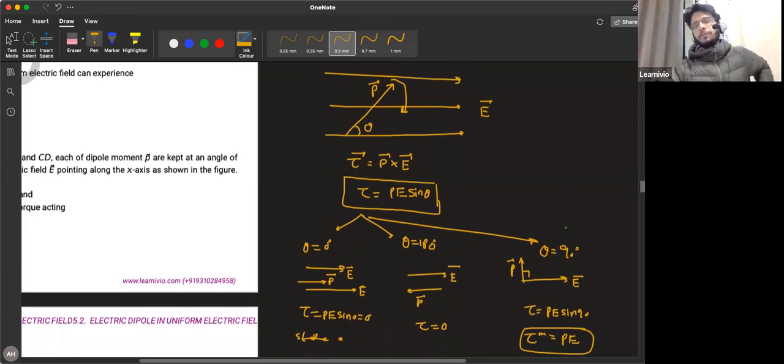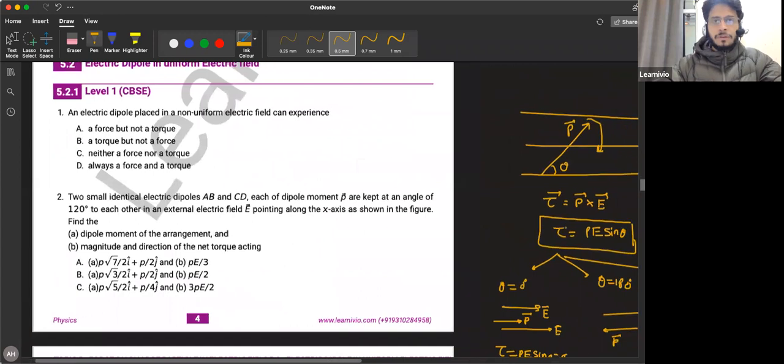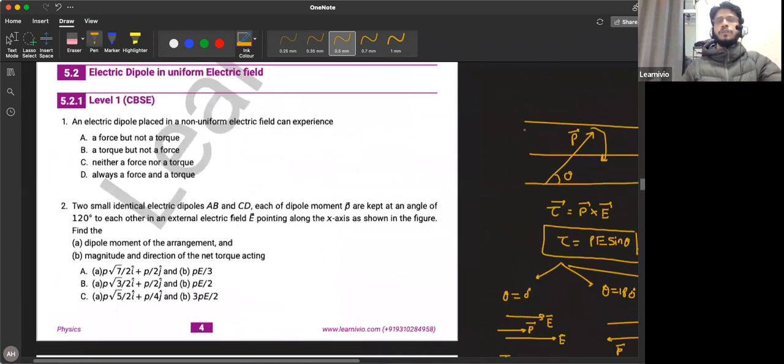So this is the theory. If you place a dipole in a uniform electric field, it experiences a torque, which is PE sine theta. Then there are three cases. If theta is 0, the torque will be 0, stable equilibrium. Theta is 180, unstable equilibrium. Theta is 90, it will be perpendicular, and the torque will be maximum.